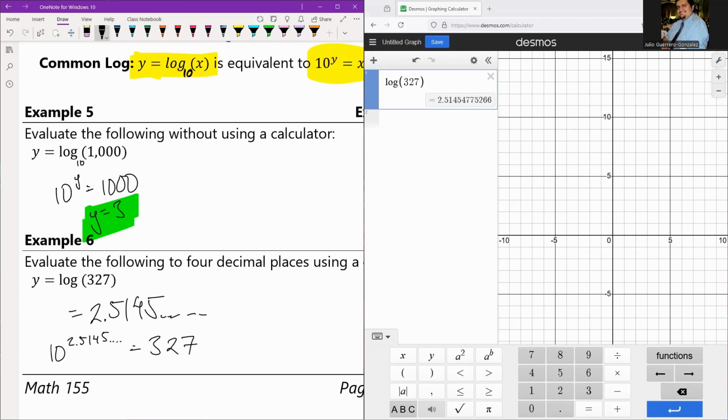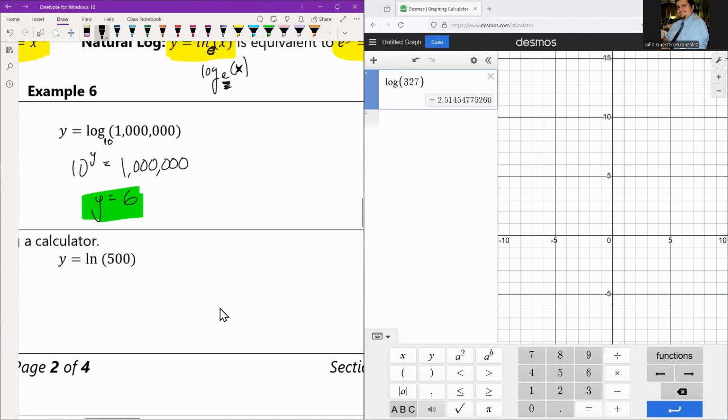Done. Got it? And then the last one, finding ln. Same thing. I can type in ln of 500. This is equivalent to saying my y has to be equal to 6.21461 and change.